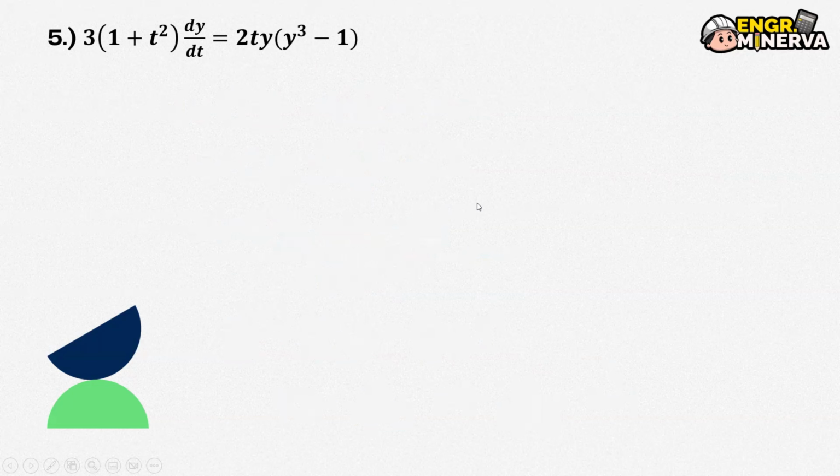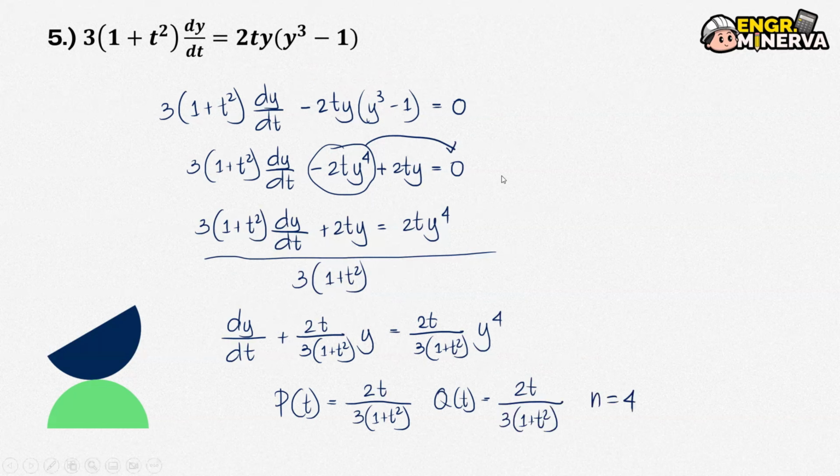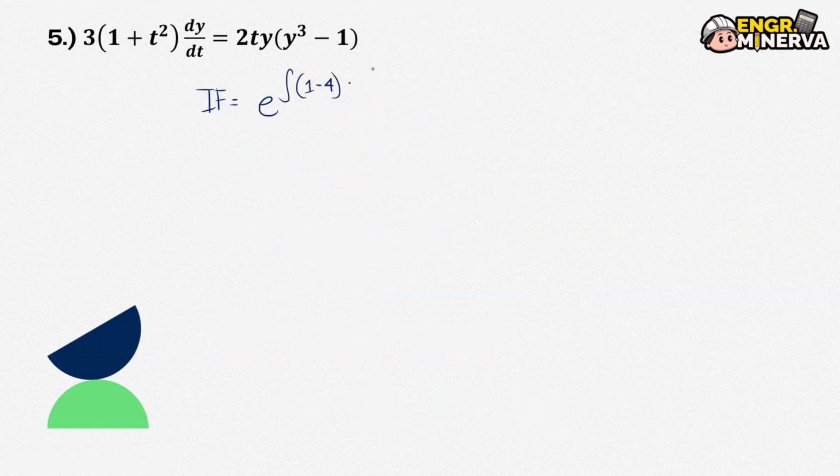Next, let's solve for our integrating factor. That would be e raised to the integral of 1 minus n multiplied by your p of t, which is 2/3 multiplied by t over 1 plus t squared, then dt. Okay?